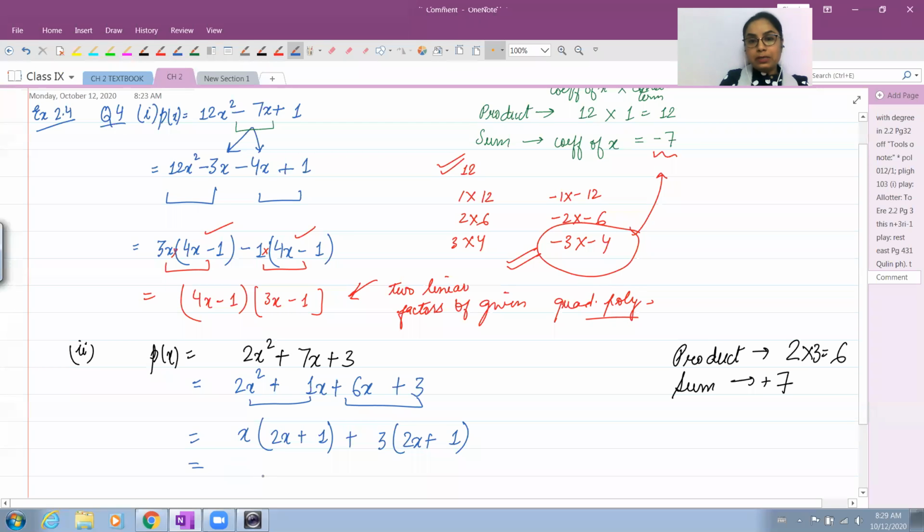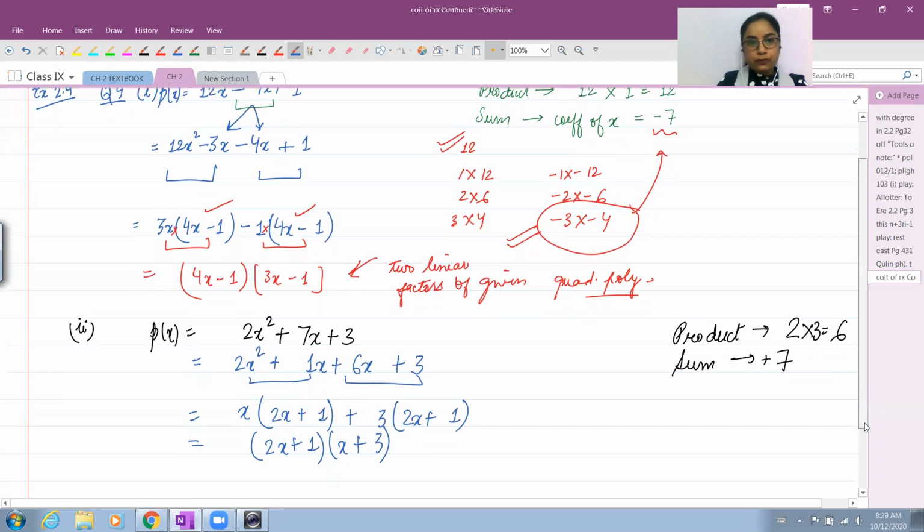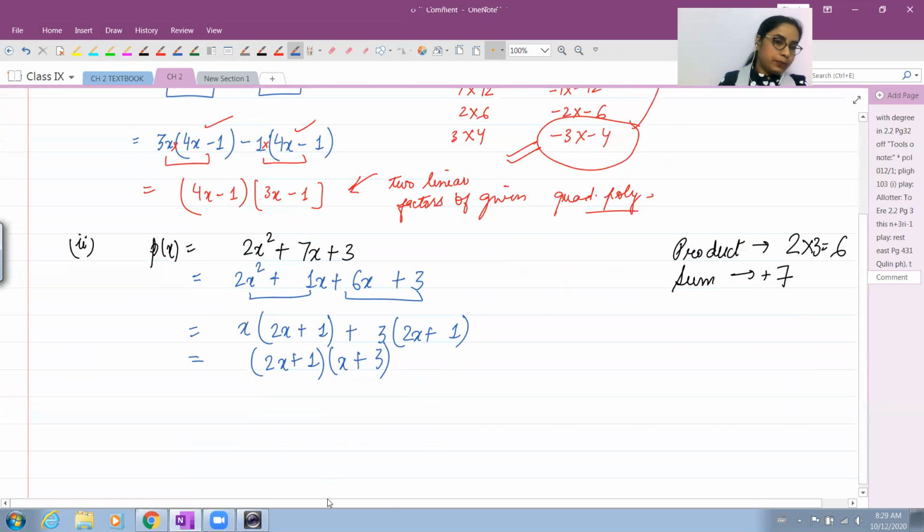The binomial will be same only if you've done the pairing, splitting correctly and you take common factor correctly. Sometimes you're taking a negative factor common. The signs will change inside the bracket. So this is your factorization for the given quadratic polynomial. Anyone with any questions? Because I'll be doing the next two parts quickly otherwise.